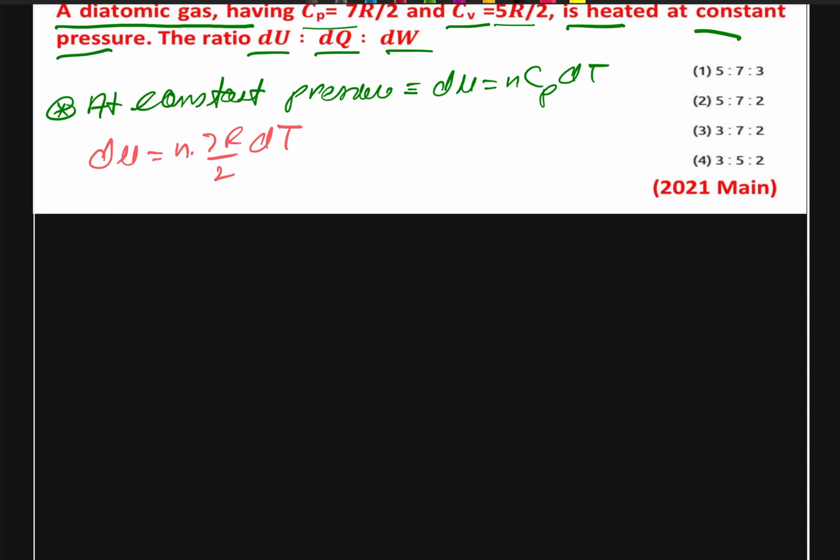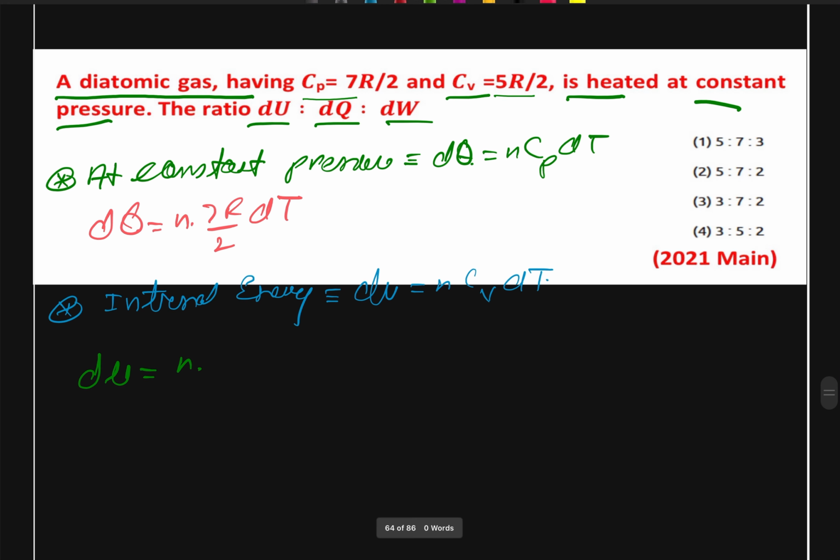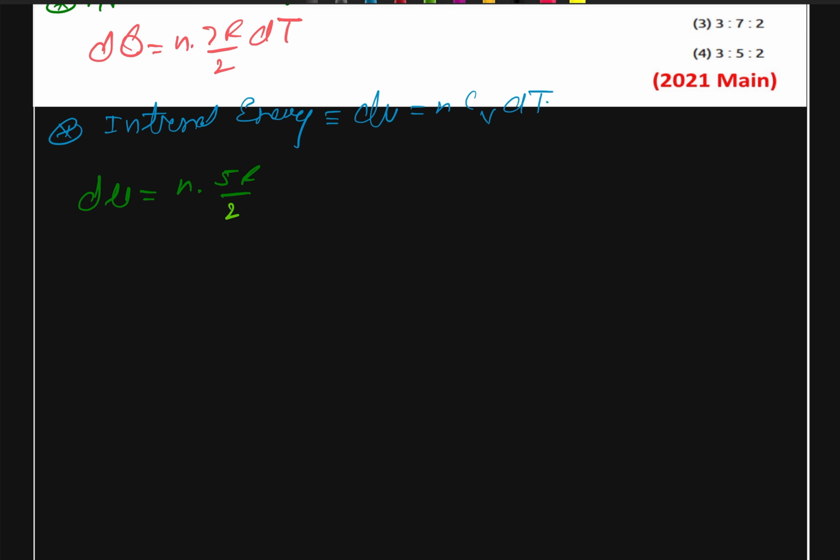Now our internal energy dU will be equal to n Cv dT. Cv is given to us as 5R/2, so dU equals n times 5R/2 times dT.